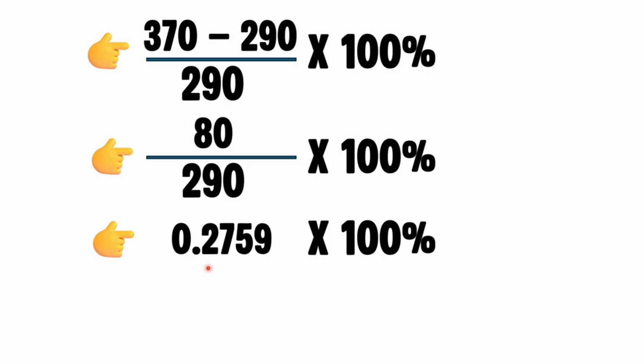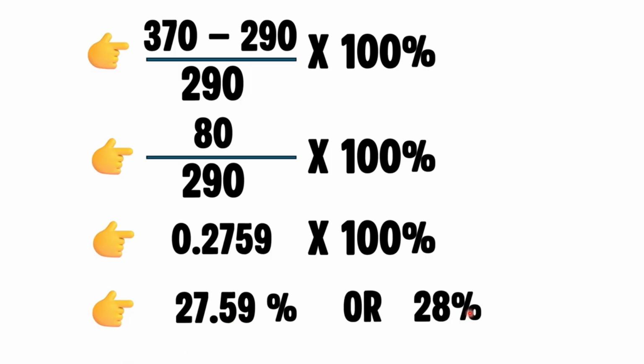So we have 0.2759 times 100% is 27.59% or 28%. So that means the percentage increase is 28%. And that means the increase of 80 represents a 28% growth from the original value.